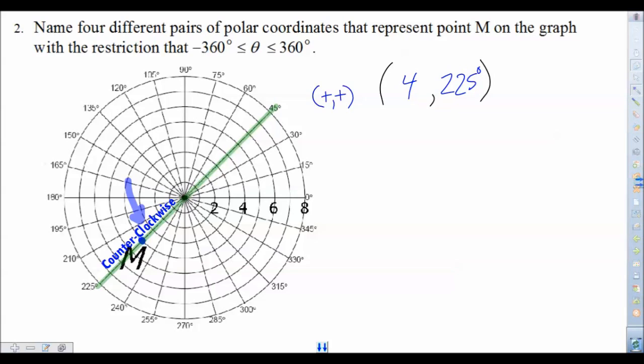Now to pick up another point, just approach point M going from the other direction, going clockwise. So to get this angle right, realize that we're going clockwise here, and we only rotate 135 degrees clockwise. So to label that, we write it as negative 135. And we're going out 4 units. Now to pick up 2 more points, imagine that there was a point on the other side of M, the same distance away.